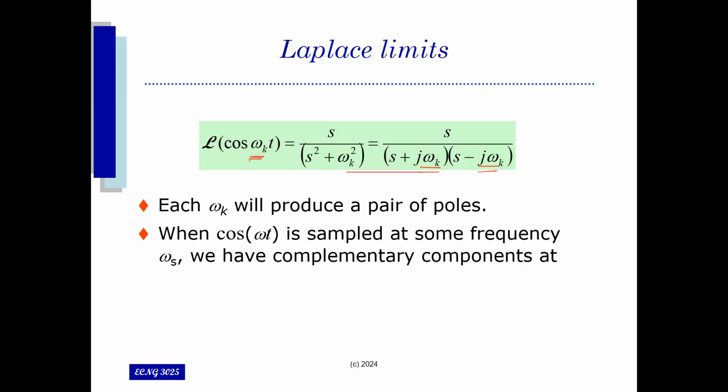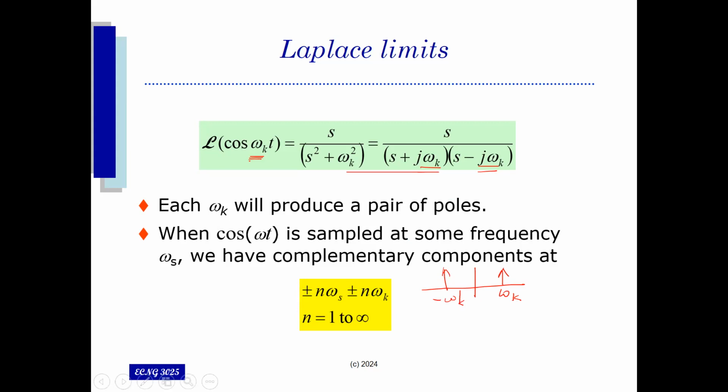Remember, whenever you take a signal and sample it, and we did that early on, you now get a series. You have the original signal components, but you get the signal frequency components replicated at infinite numbers of omega_s and omega_k. If I were to draw it here, this was the original spectrum of cosine omega_k.